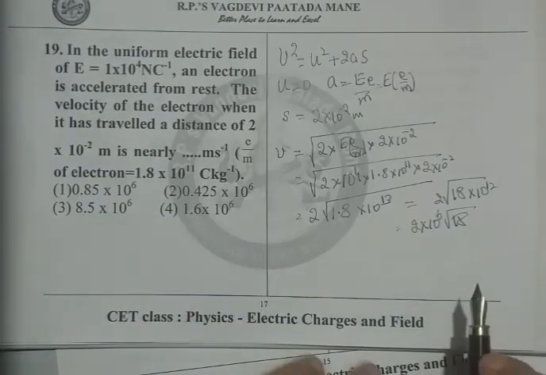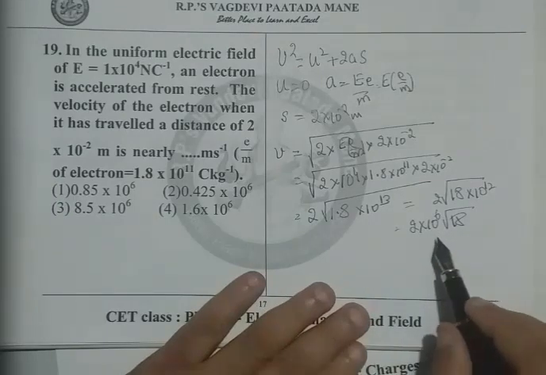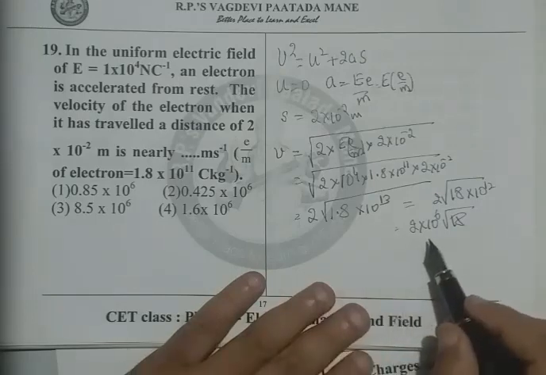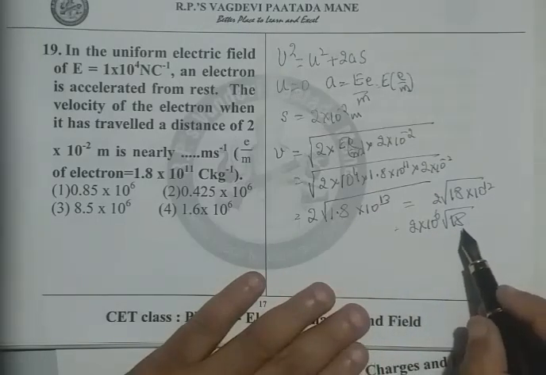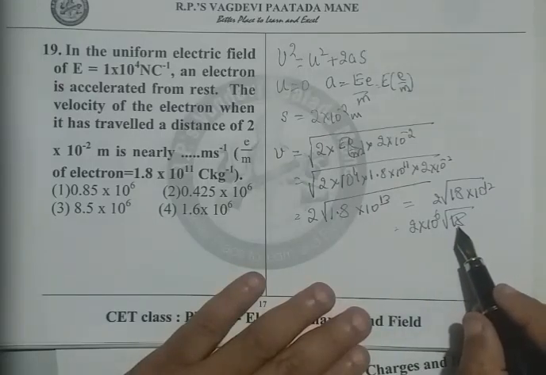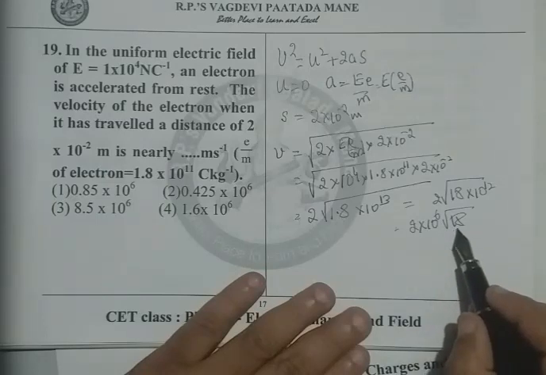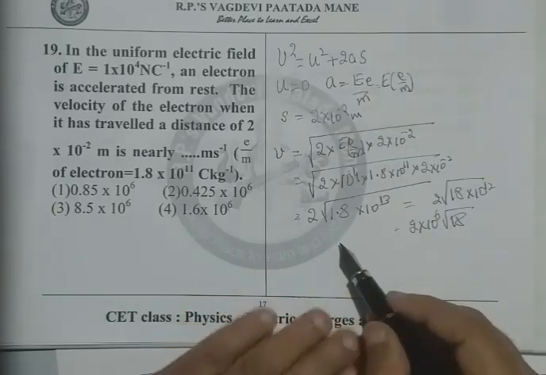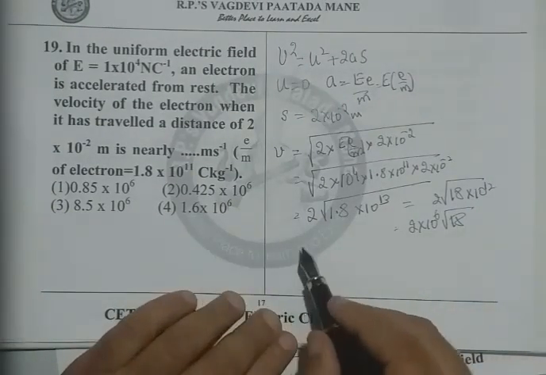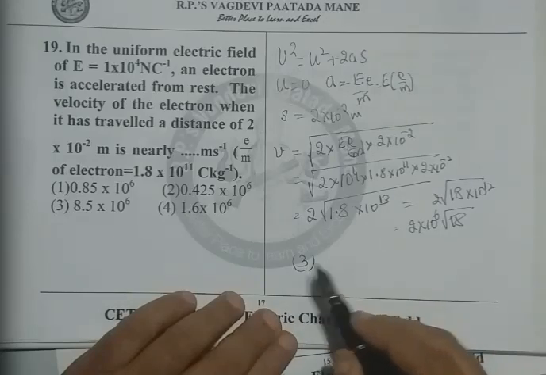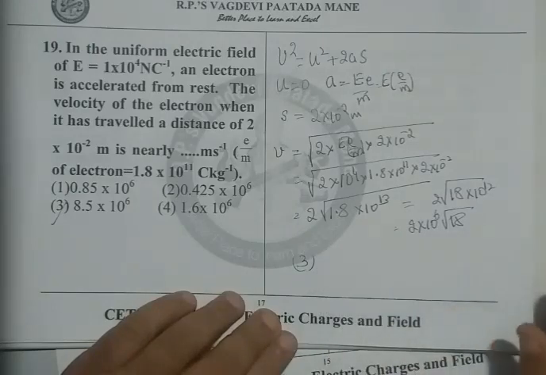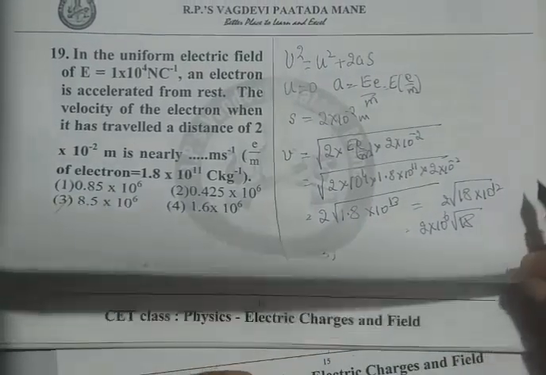Observe, root of 18 will not give us a whole number, but we can do that calculation or arrive at the answer by simple logic. Say root of 25 is 5, root of 16 is 4. Therefore, root of 18 is slightly more than 4. 4 into 2 is 8. That means the answer will be somewhere around 8. That is, option number 3 is correct because it is 8.5 into 10 raised to 6 that we are getting there. Therefore, option 3 is correct.